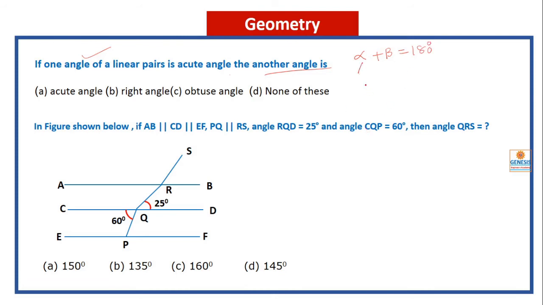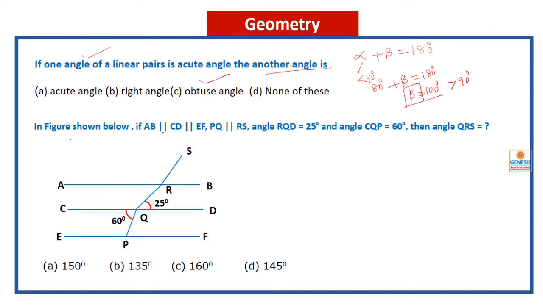If one of them is acute, meaning less than 90, I can say it is 80. 80 is less than 90. Then beta is equal to 180 minus 80, so beta is 100 degrees. 100 is greater than 90. Therefore, the other angle is an obtuse angle, that is, greater than 90.